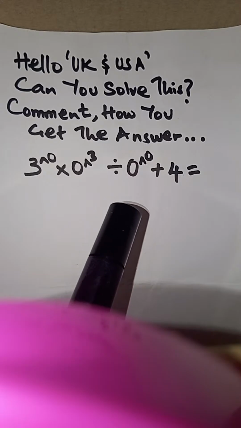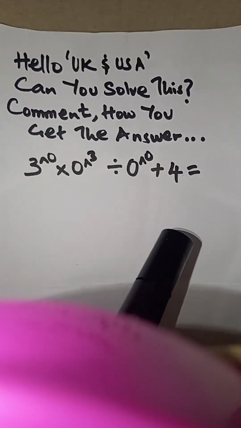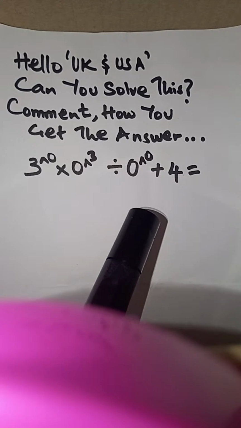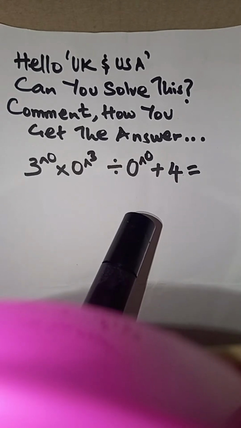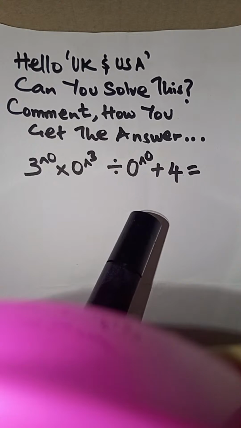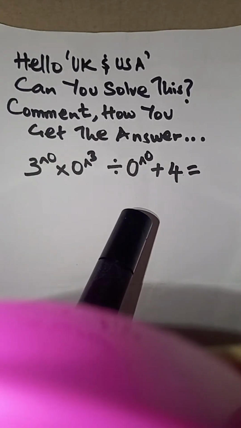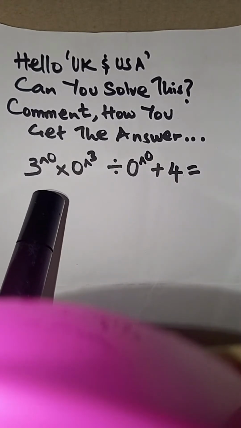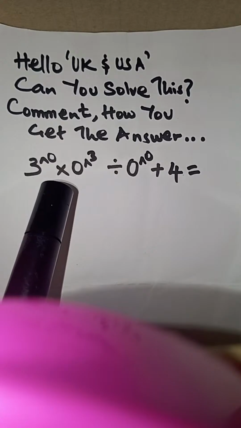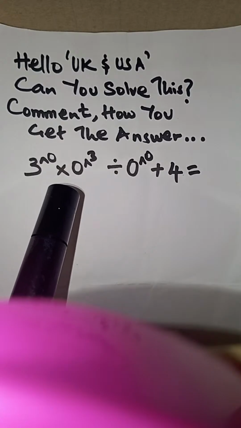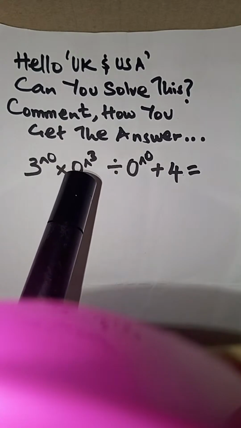So do you think the answer is 4 or 0? Or give us your way of thinking how you're going to get the final solution for 3 raised to power 0 multiplied by 0 raised to power 3.